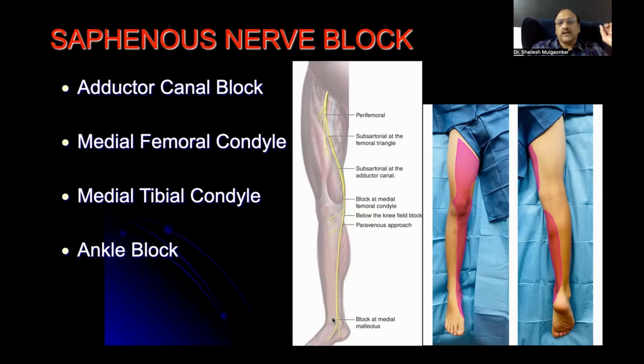Or for any ankle surgery, you can give an ankle block. So 5 nerves are to be blocked, 2 deep and 3 superficial. Deep peroneal and posterior tibial are the deep nerves, and superficial peroneal, sural, and the saphenous are the superficial nerves. So the saphenous nerve, superficial, is for the ankle.